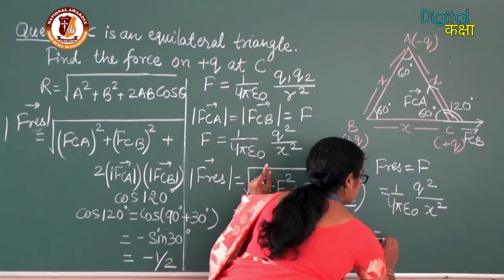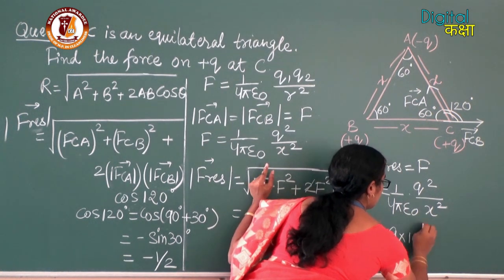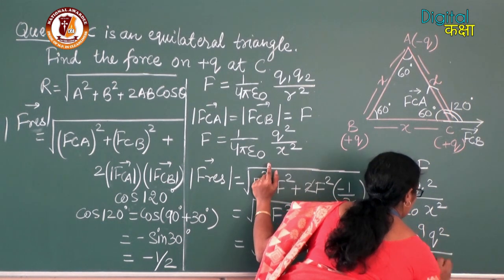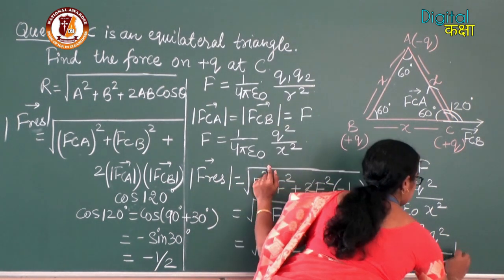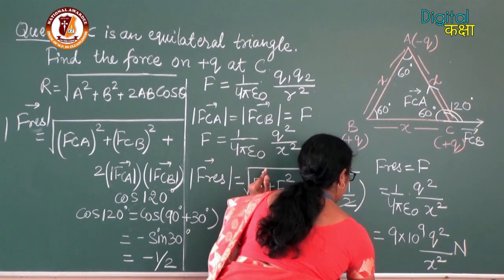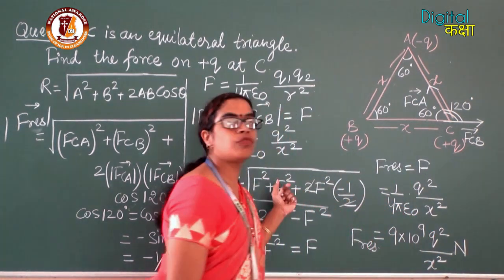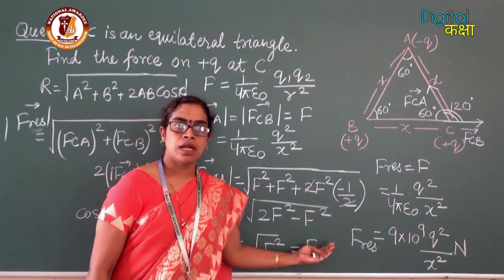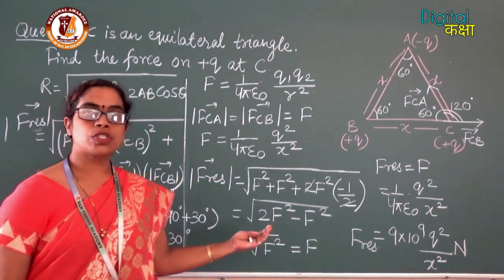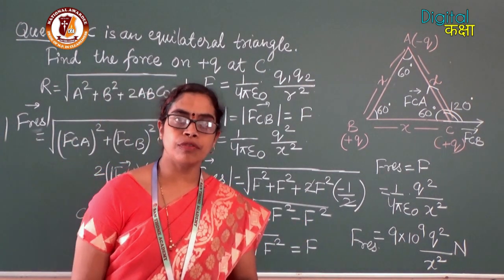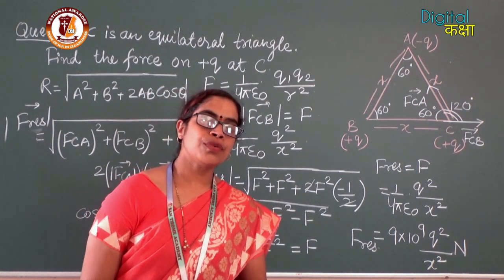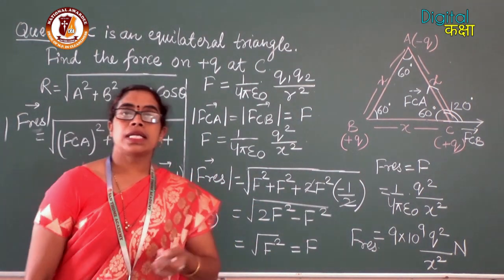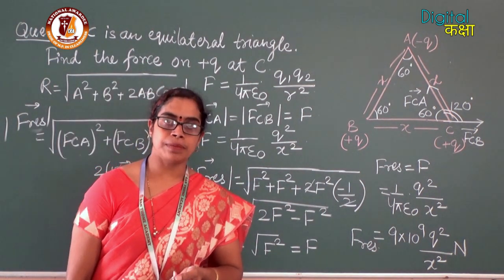It can also be written as 9 into 10 to the power 9 q square upon x square, and we can assign the unit also, that is Newton, for this force. So, with these two questions, with the completion of the solution starting with the vector form, I hope all of you have understood the concept of the topic, that is the superposition principle.